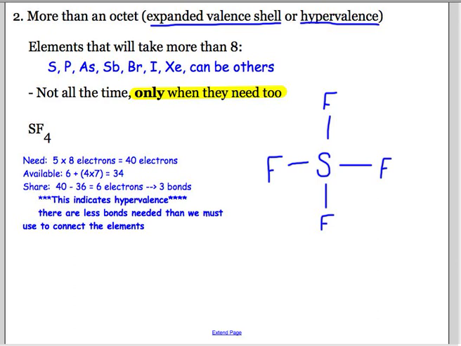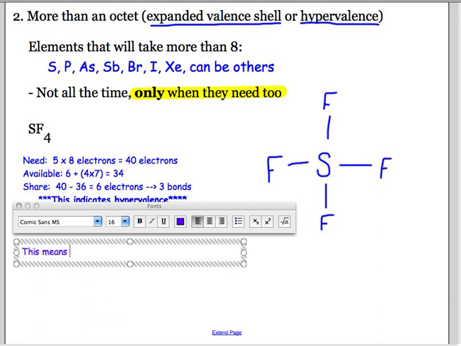And it's not that you did anything wrong. It's not that the world is ending. It just means that you have to make sure you actually check this. What this means is when we put in all our electrons, there's going to be extra electrons left over. So you may want to mark that.